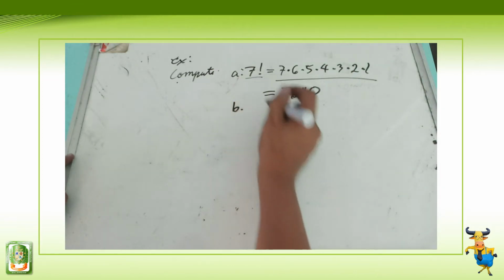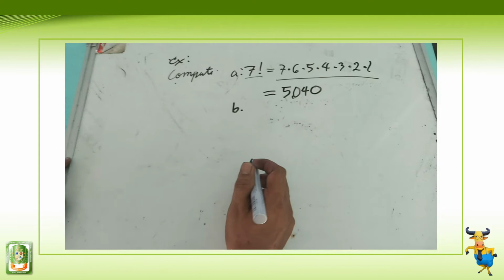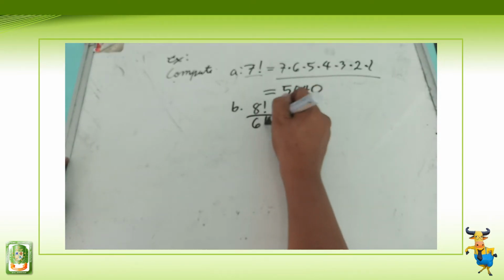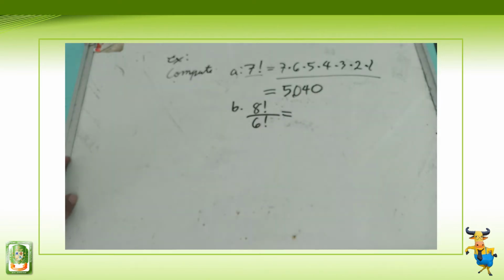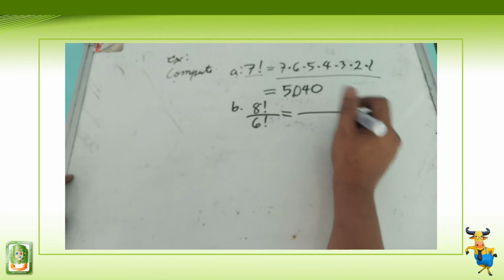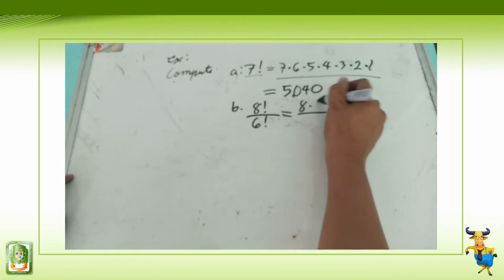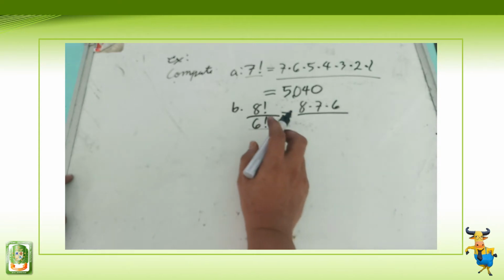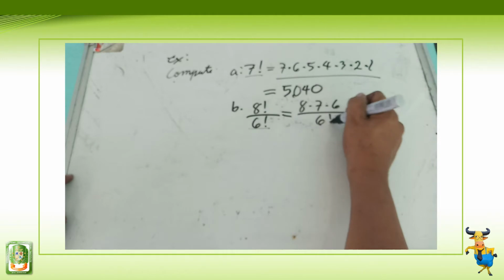Okay? Next example. What if 8 factorial over 6 factorial? So, syempre, pag mga ganitong case, 8 times 7 times 6 factorial, over 6 factorial.